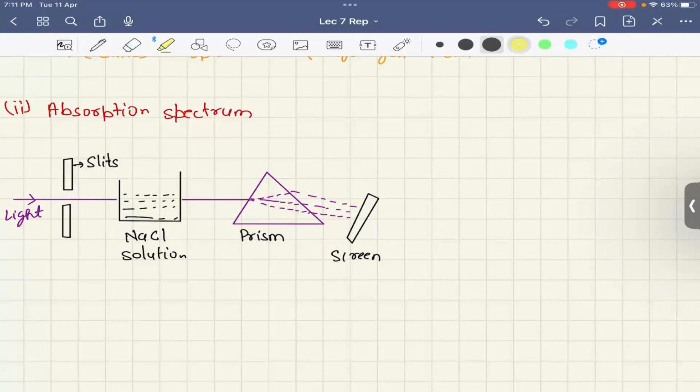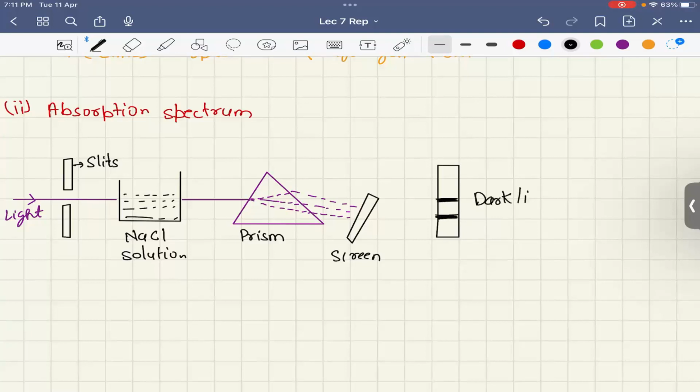The spectrum which we obtain in this setting is called an absorption spectrum, and it has these dark lines in it, like this. Dark lines.